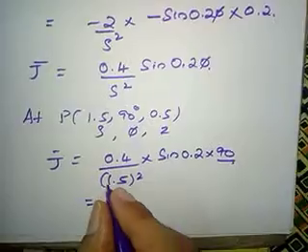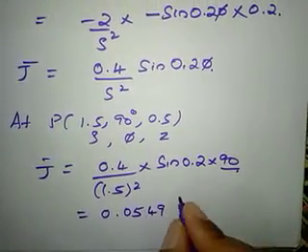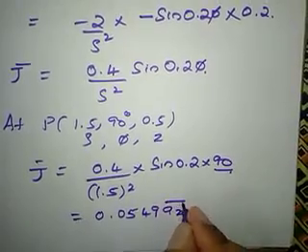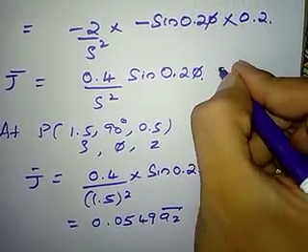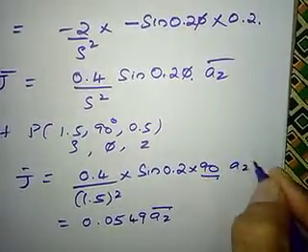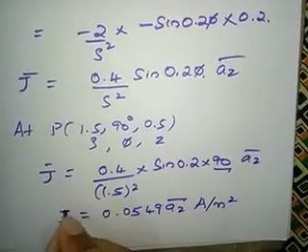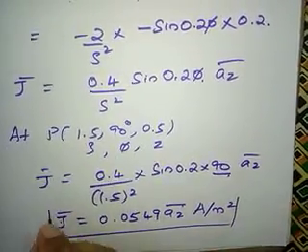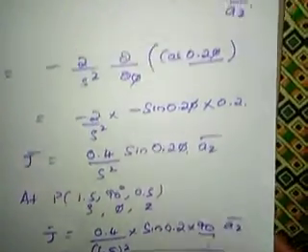This comes out to 0.0549 az bar, because here it is az bar, ampere per meter square. That is the equation for j bar, this is the final equation, so this is our answer.